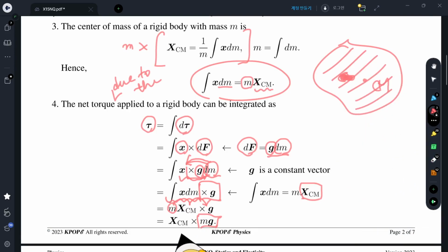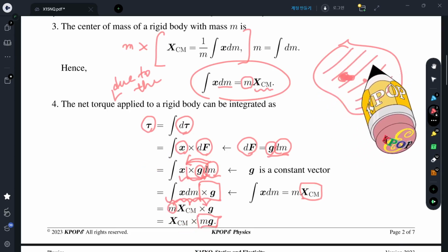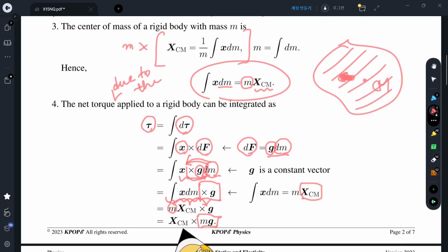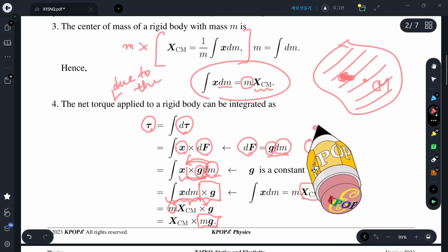Here, what I find is the net torque on the system. The gravitational force is applied, and there is x_CM, the center of mass, as a reference point.